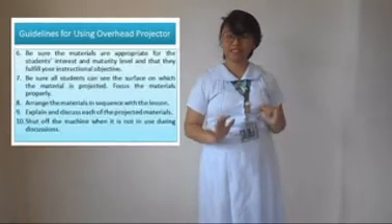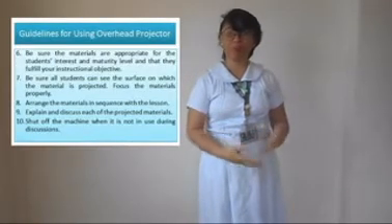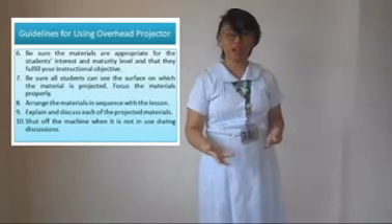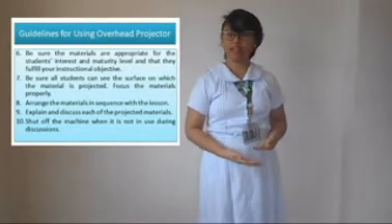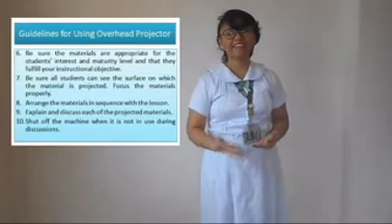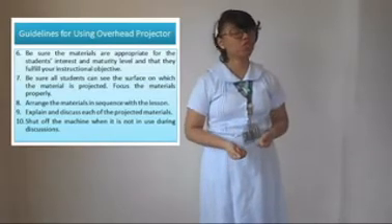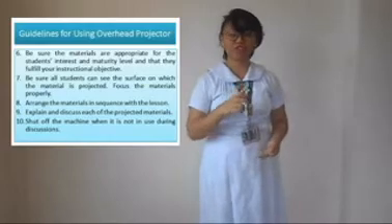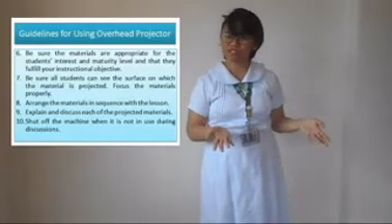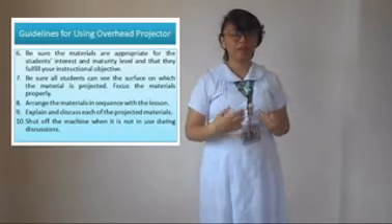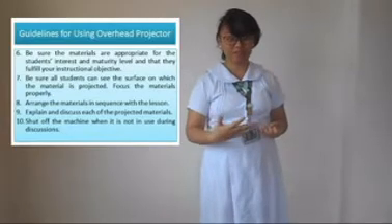Number 6. Be sure the materials are appropriate for the students' interest and maturity level and that they fulfill their instructional objectives. Number 7. Be sure all the students can see the surface on which the material is projected. Focus the materials properly.